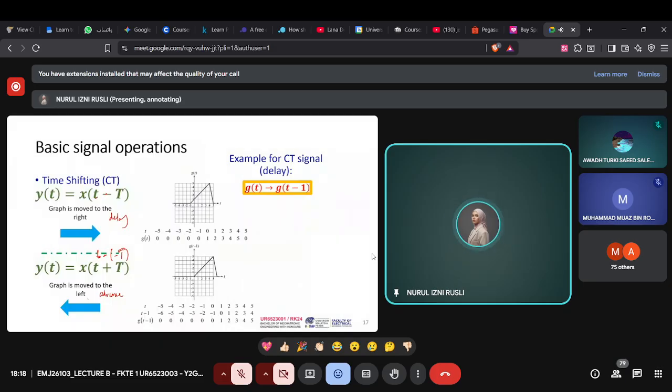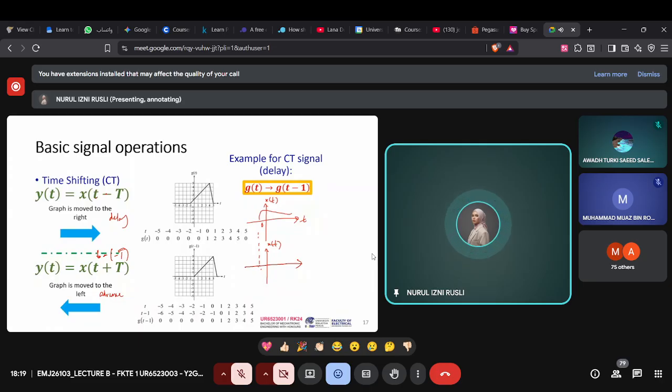So another example, let's say you have the function x(t), and let's say you have this shape of signal. Whenever you have a delay, you basically move the graph to the right.